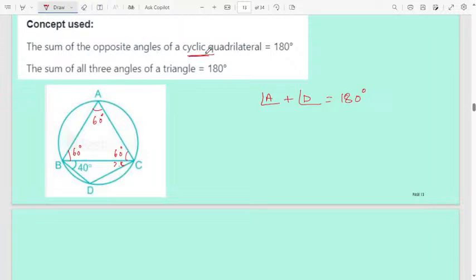Angle A is 60 degrees, angle D we have to find. Angle D will be equal to 180 degrees minus 60 degrees. Angle D is 120 degrees.